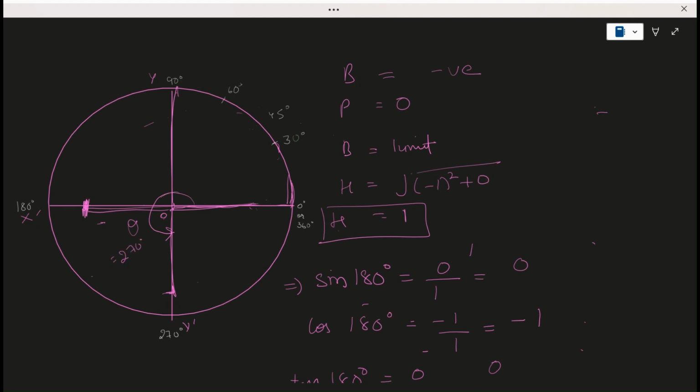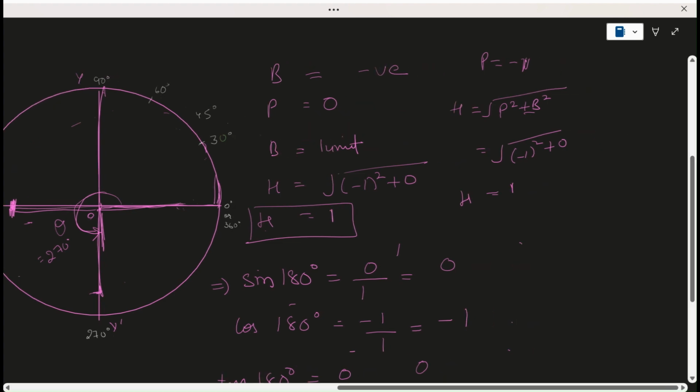What do we see? Our base is diminished and our perpendicular is along the negative y-axis. So our perpendicular this time will be minus 1, and our hypotenuse we can calculate as the square root of perpendicular square plus base square, that will be minus 1 square plus 0, that is 1.